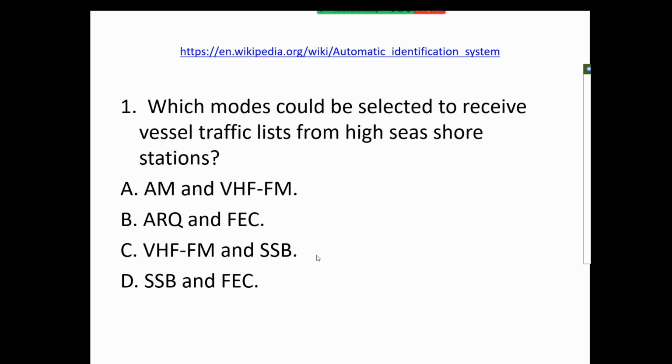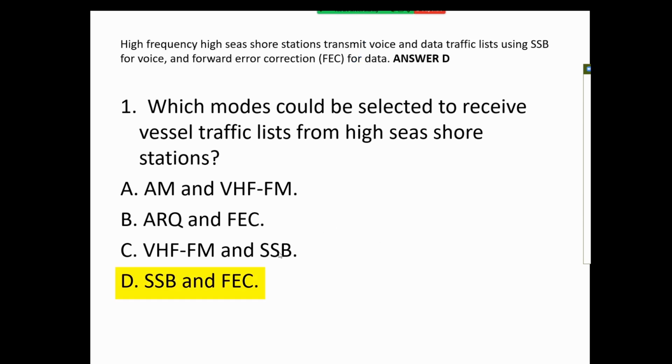I would probably prefer just to see the list, quickly scroll down to see whether or not I personally have any traffic or anybody else that I might be in immediate communication with. So doing that, we did narrow it down to single sideband and forward error correction for the data portion.